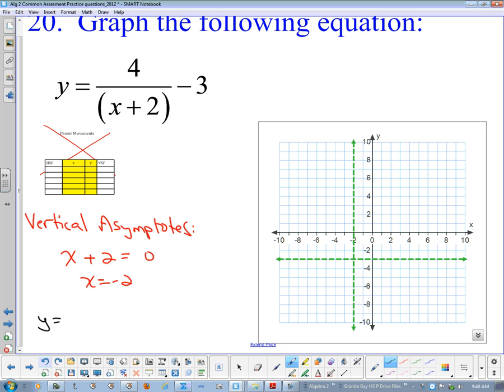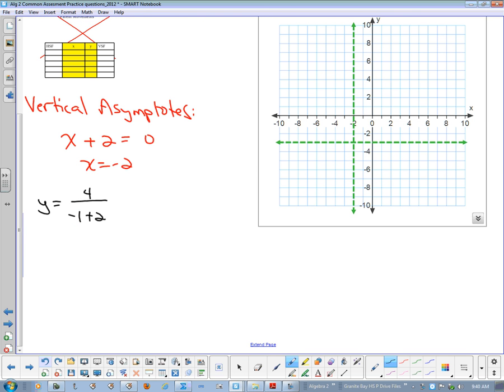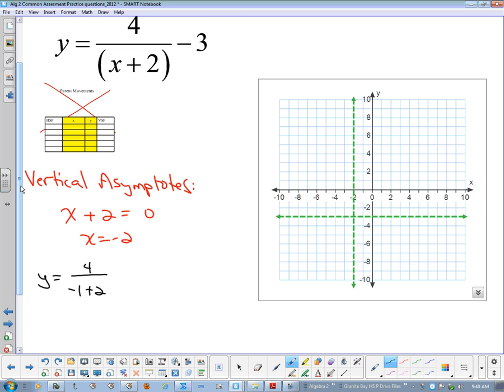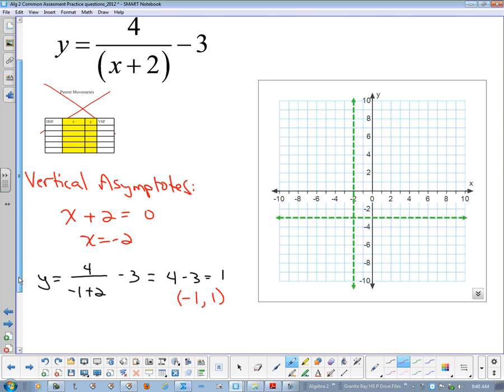Let's go y equals 4, all divided by negative 1 plus 2, and then minus 3. Simplify this to be 4 over 1, so it's just going to be 4 minus 3, which is 1. Do you agree with that? I hope so. We have a point here of negative 1, comma 1, input output. Plot that, negative 1, 1.